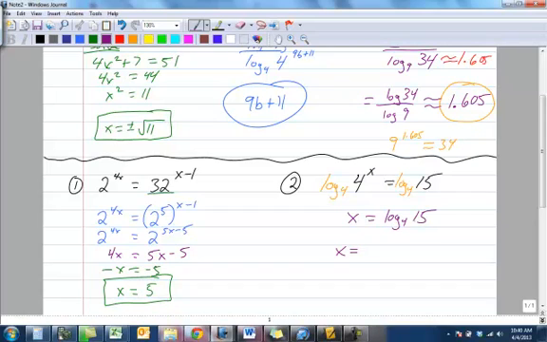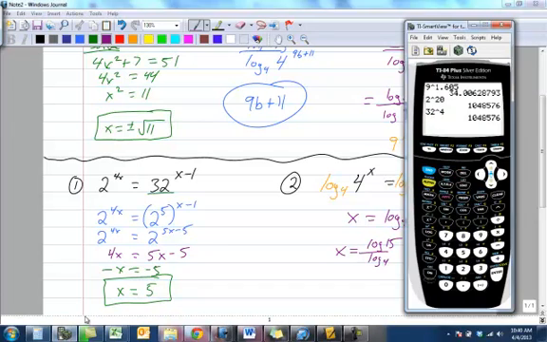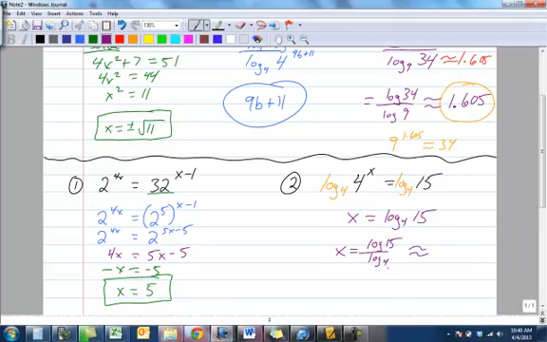Log base 4 of 15 is the same thing as log of 15 divided by the log of 4, which is approximately, go ahead and use your calculator, log of 15 divided by the log of 4. 1.953. So it's approximately 1.953.